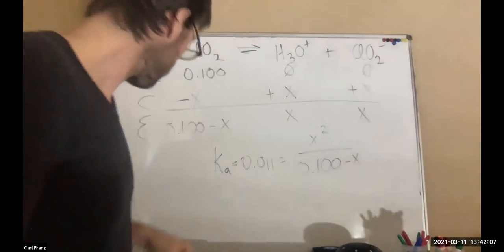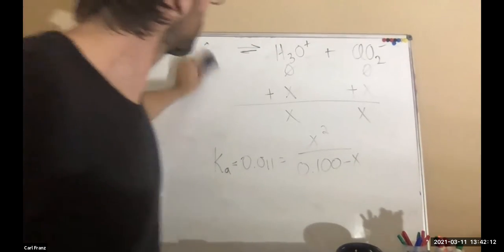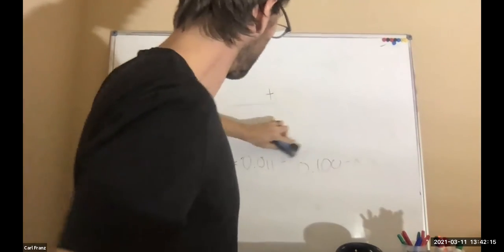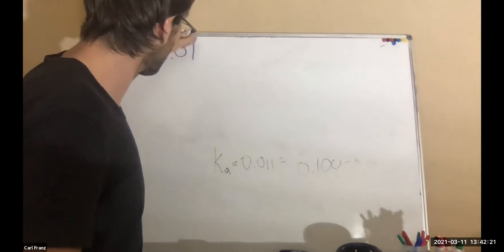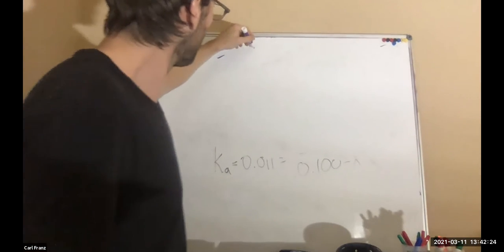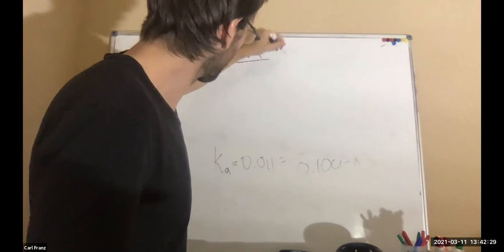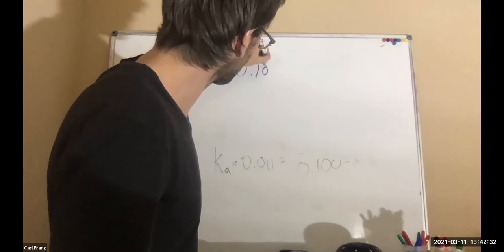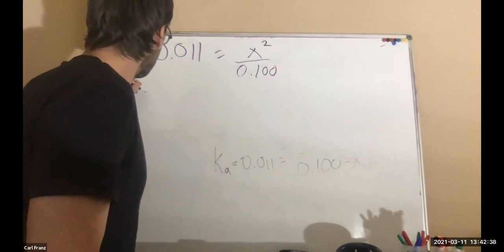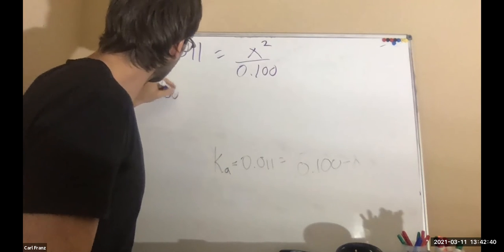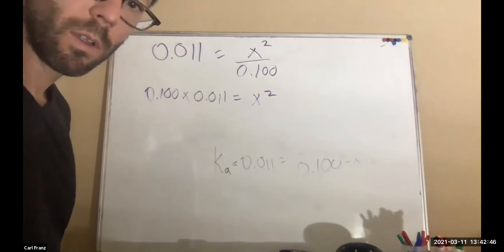So let's start up here. Whoops, I erased my expression. But essentially, 0.011 equals x squared divided by 0.100, assuming the x is small. So then 0.100 times 0.011 equals x squared. Right?